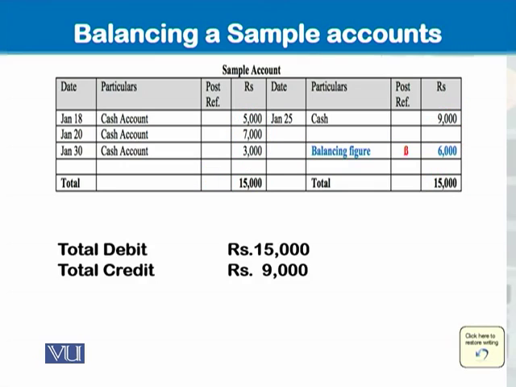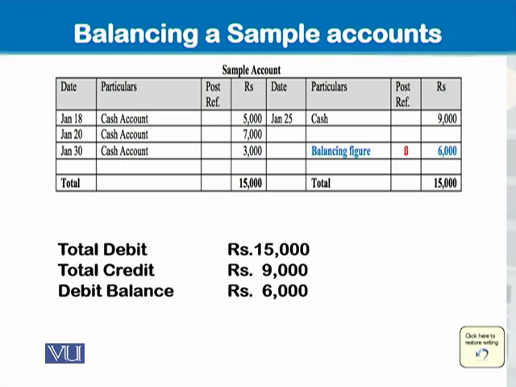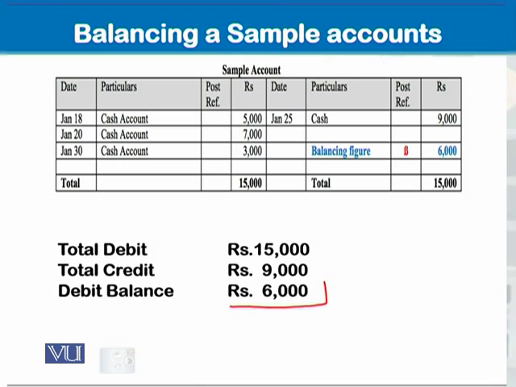You can say that total debit is rupees 15,000 and total credit is rupees 9,000. So subtracting credit from the debit, we get 6,000. So this 6,000 is in fact the balance of this sample ledger account.